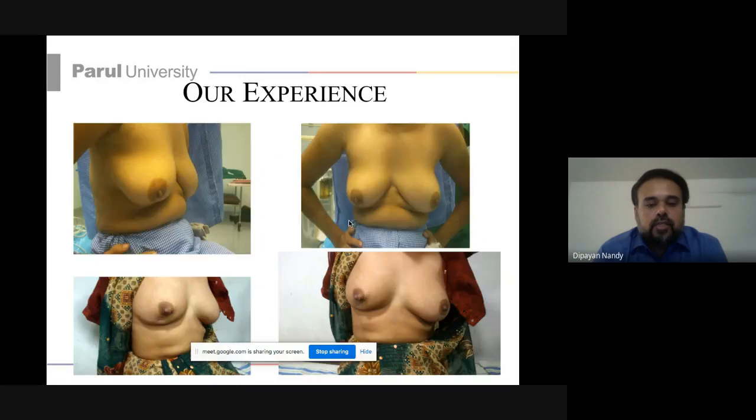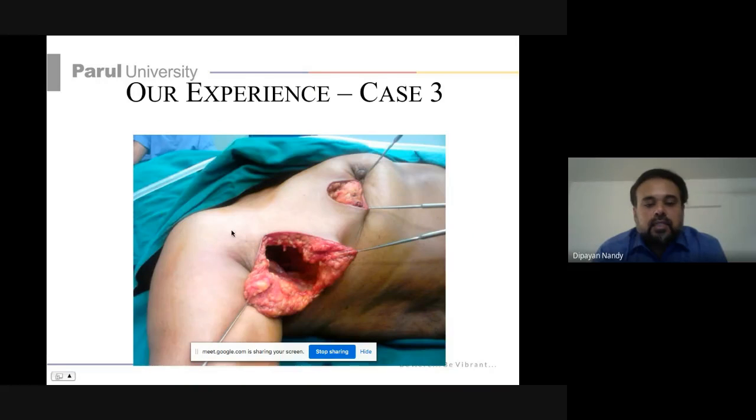And after 2 months, this is the same patient with the same results. So nowadays it is not required to remove the whole breast. We can easily remove the lump, treat the patient with axillary clearance, and still give a very good cosmetic result.